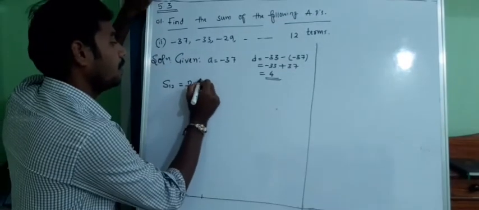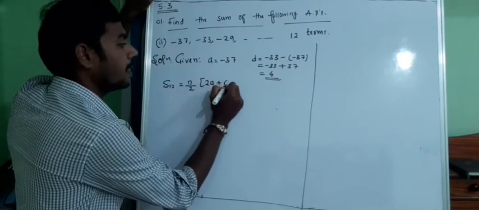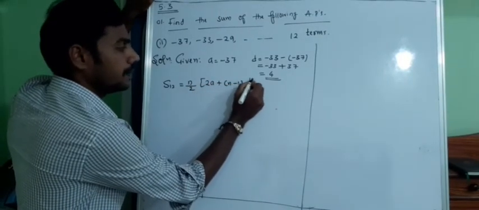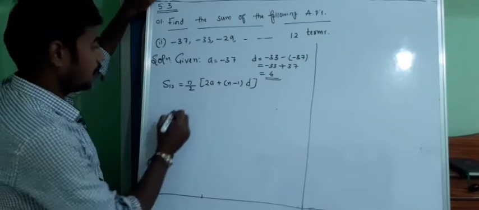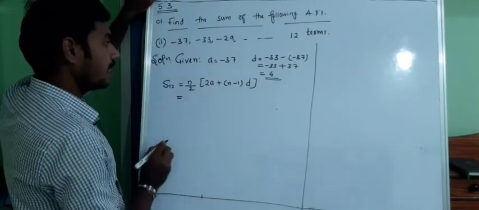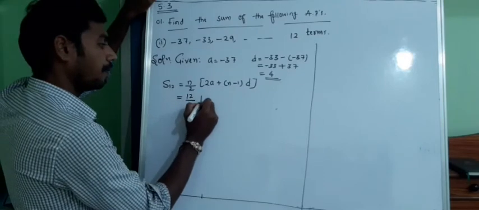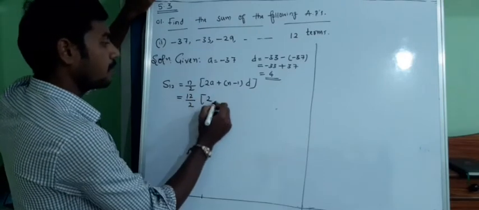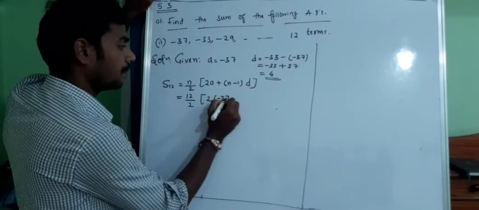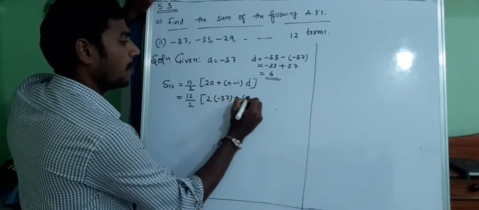Now, I know A, I know D. I can easily calculate S12. So, S12 is equal to n by 2 into 2A plus n minus 1 into D. Fine. So, what is n here? N is 12. 12 divided by 2. 2 into A is minus 37, plus 12 minus 1.